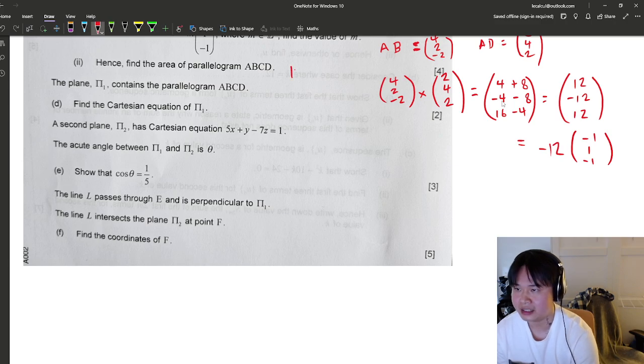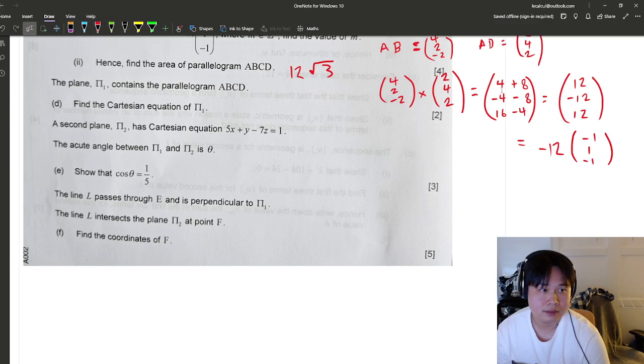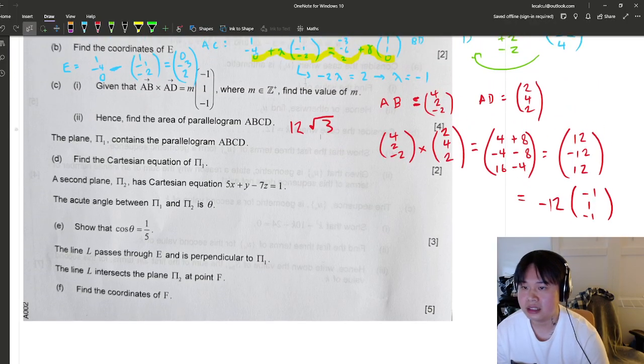So the area is like 12 times √3, right? 1 squared, 1 squared, 1 squared is 3. Square root it. That's the length of the direction vector, times it by 12. That's the length of the vector product. The length of the vector product is the size of the area of the parallelogram.